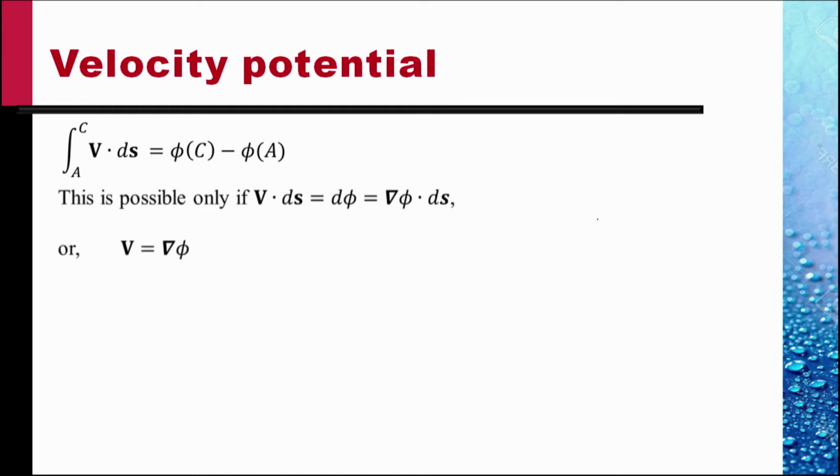That is, we can write the velocity as the gradient of a function phi, so that the velocity in any direction is del phi by del s.